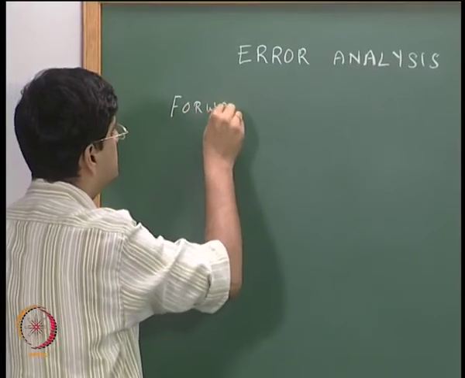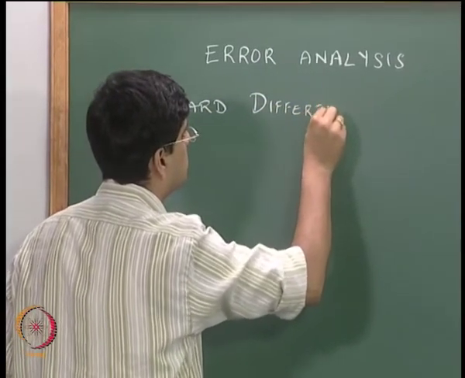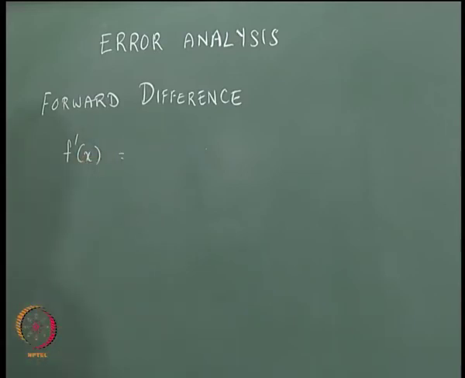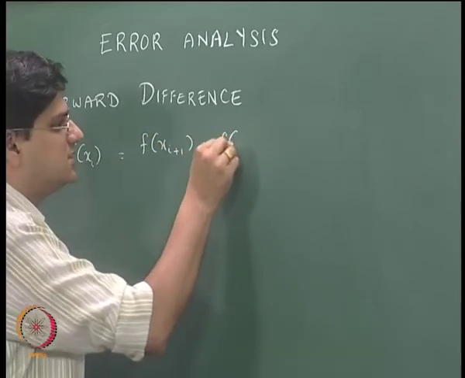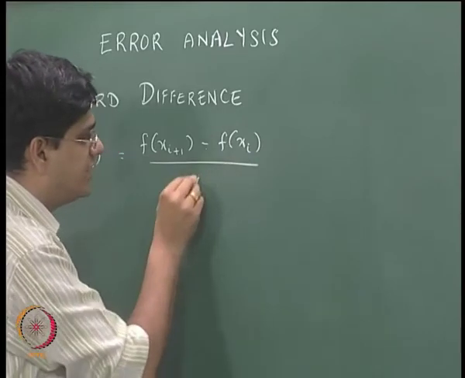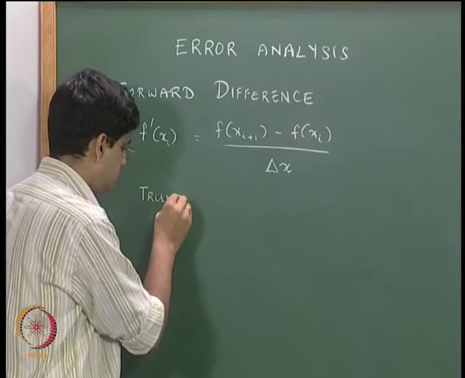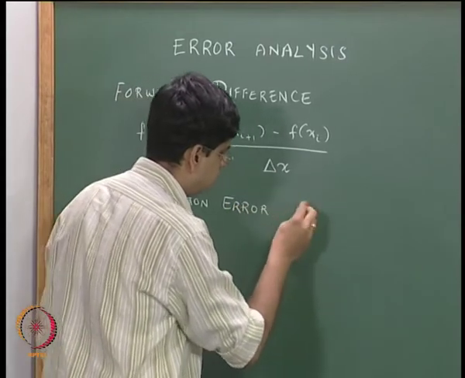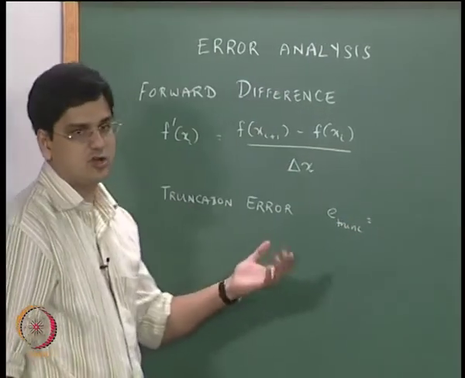So for forward difference, f dash of xi was equal to f of xi plus 1 minus f of xi divided by delta x, and the truncation error was of the order of delta x.